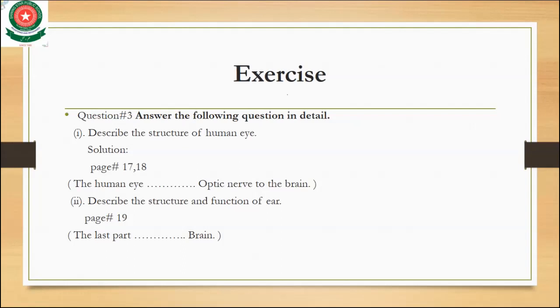Start with the human eye, see page number 17. Start with the human eye and end with the optic nerve to the brain. Come to the second part. Describe the structure and function of the ear.